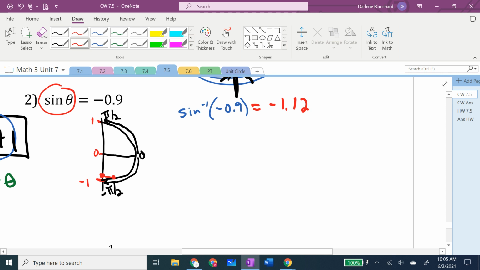Negative 1.12. Okay. So understand what that's telling you is if you start at angle 0 and you go backward negative 1.12 radians, you'll be located here. And there is a, shall we say, silent partner on the other side that your calculator won't tell you about.